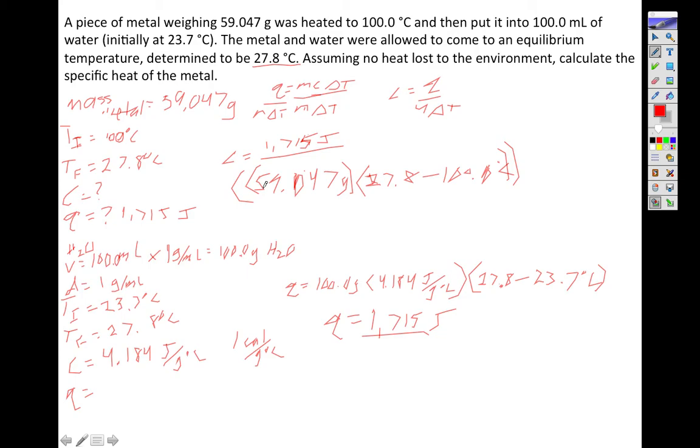So I take 1,715, divide that by 59.047, and then divide that again by the subtraction of 27.8 minus 100.0.